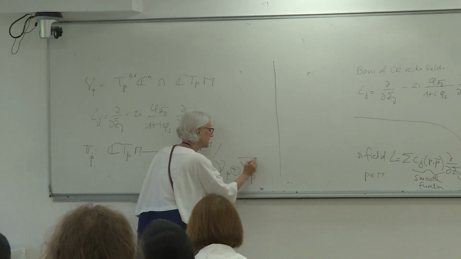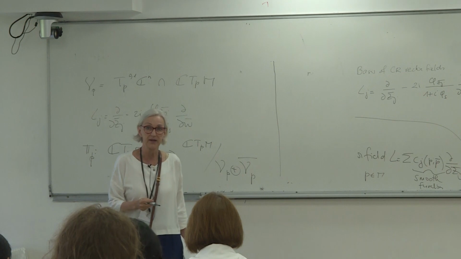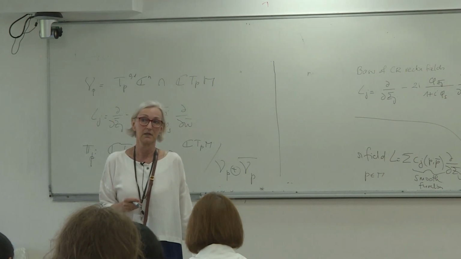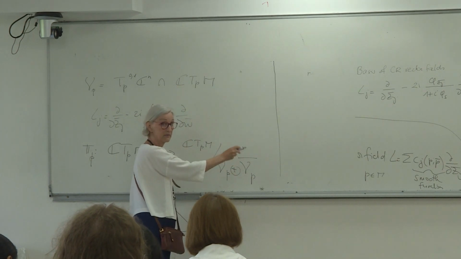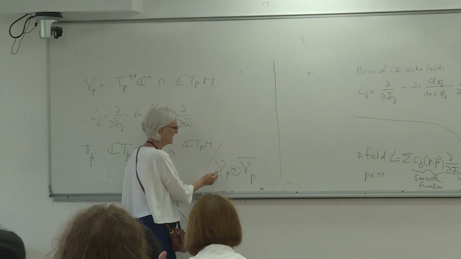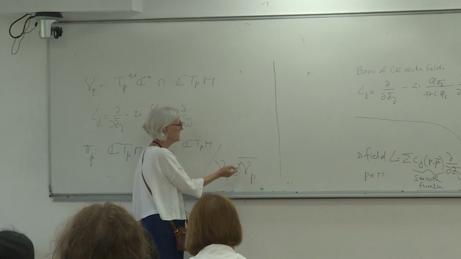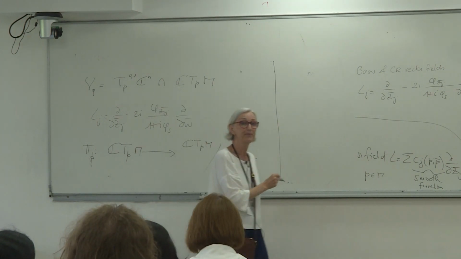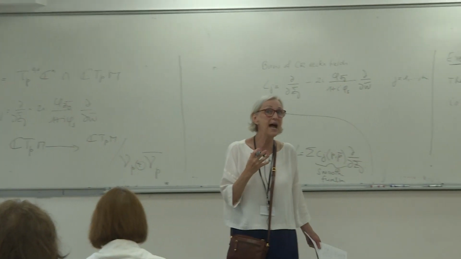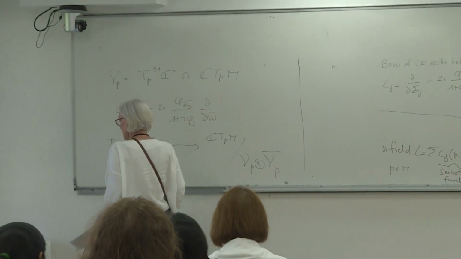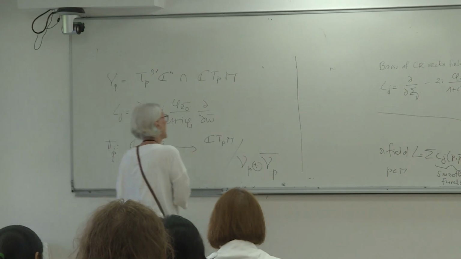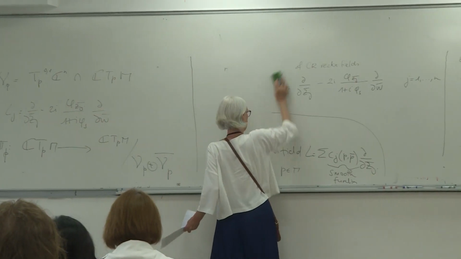Anti-holomorphic and holomorphic ones. Okay? What is the dimension of this space? This is n, and so it's 1. In the real hypersurface case, this is 1. So, and you consider the following map.